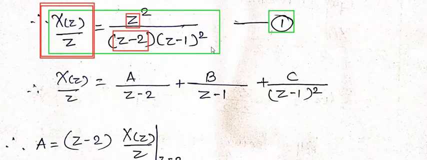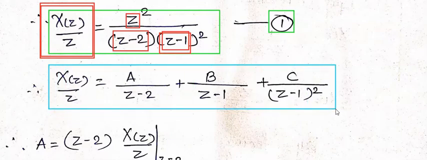Equating the denominator to 0, the second pole will be at z equal to 1, and the third pole is again at z equal to 1. It is the repeated pole case. So for the repeated pole case, let's apply the partial fraction. X of z by z will be A by (z minus 2) plus B by (z minus 1) plus C by (z minus 1) square.